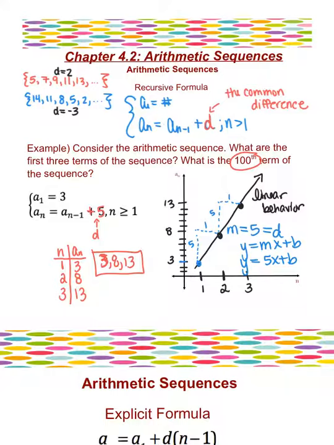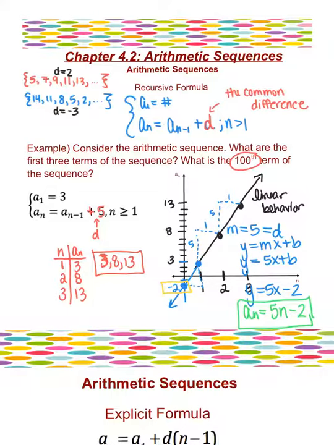If I'm starting at this point at 3 and I go down 5, that's going to put me at -2. So if I go down 5, left 1 to generate this slope, I can see my y-intercept is -2. So this function is y equals 5x minus 2. Therefore, my a sub n is equal to 5n minus 2. And this is my explicit formula for my sequence. Notice when I plug in a 1 for n, a sub n is 3.